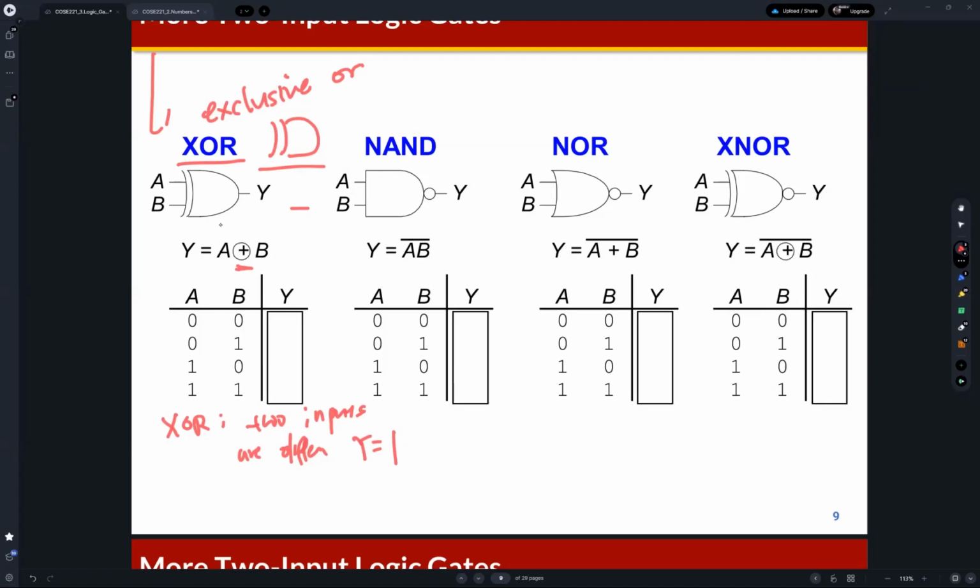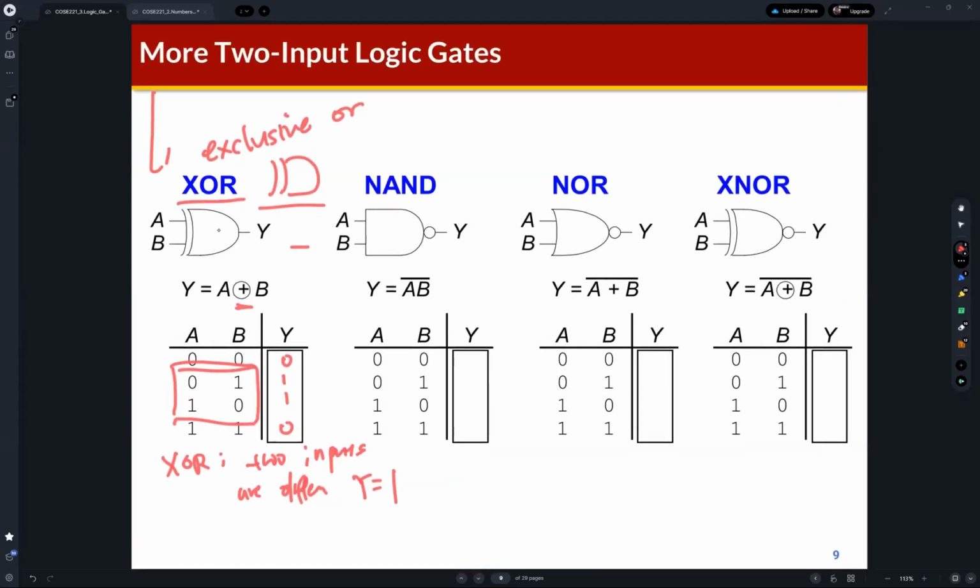So what is this one? It's 0 because the values are the same, so Y becomes 0. For this one, A and B are different from each other, so it's 1, 1, and then 0. That is the definition, and because this is the definition, we need to memorize it.